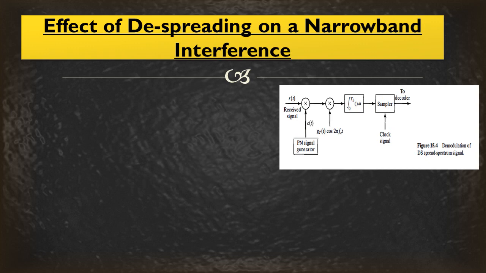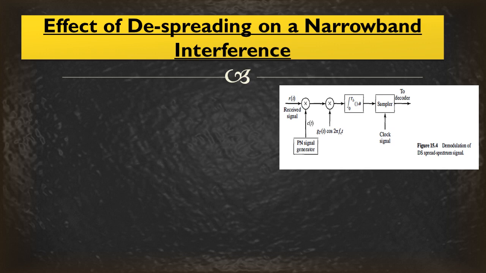Now in this block diagram, the received signal is multiplied with c(t). c(t) is your PN signal, the same PN signal we use on the transmitter side. When this r(t) is multiplied with c(t), the signal will be despread. The impact of c(t) will go. Why does it go? Just look at the equation.